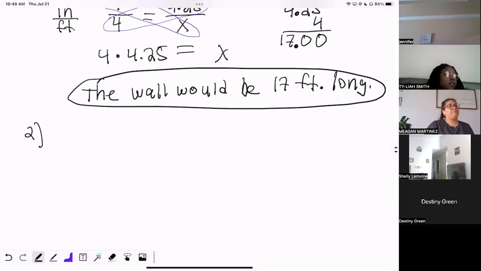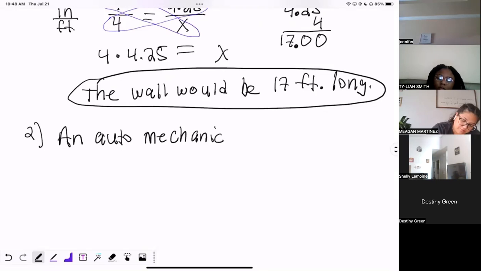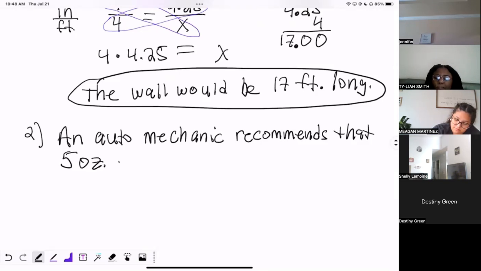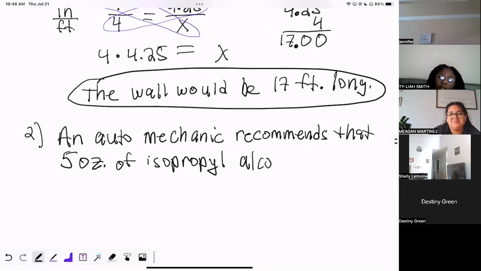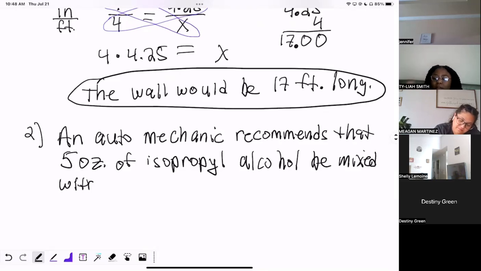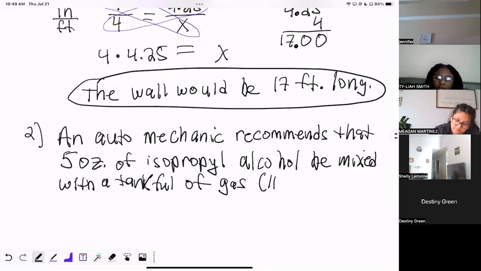Number 2. An auto mechanic recommends that 5 ounces of isopropyl alcohol be mixed with a tank full of gas, which is 16 gallons, to increase the octane. I can never say the word right.